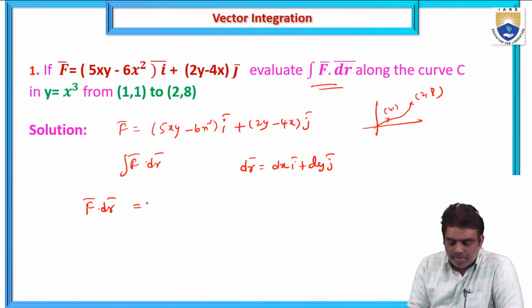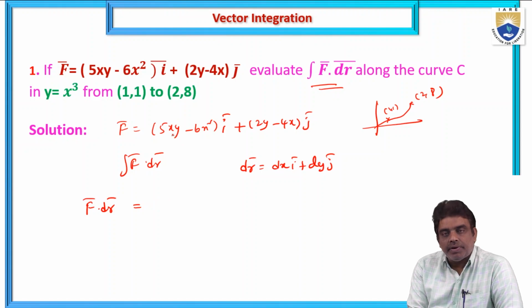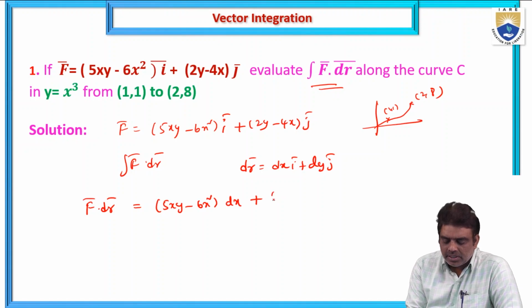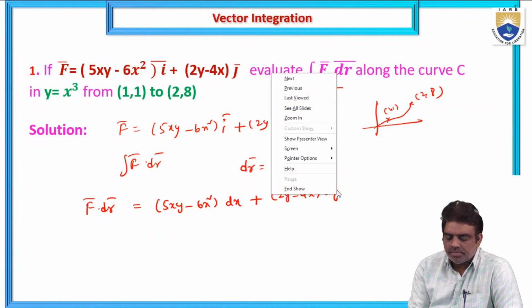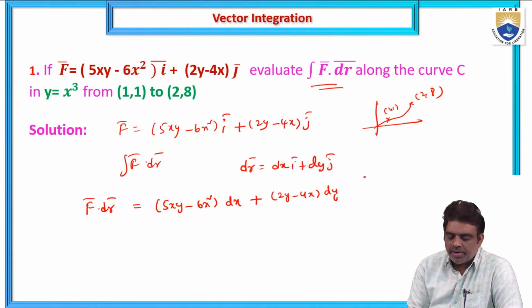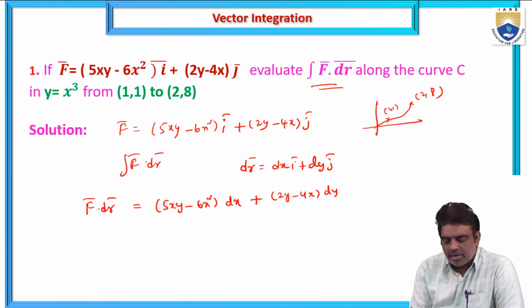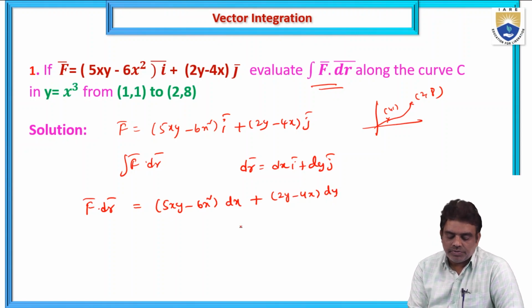The dot product of these two: (5xy minus 6x square) i bar dot dx i bar, that will be (5xy minus 6x square) dx plus (2y minus 4x) dy. So j bar dot j bar is 1, i bar dot j bar is 0, i bar dot i bar is 1, like that. So in this way you will get f bar dot dr bar as this.